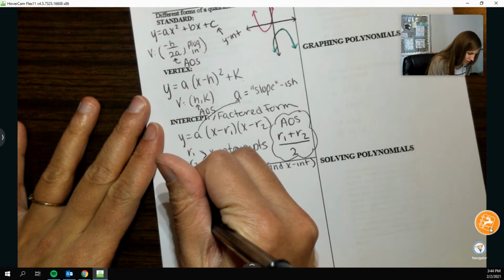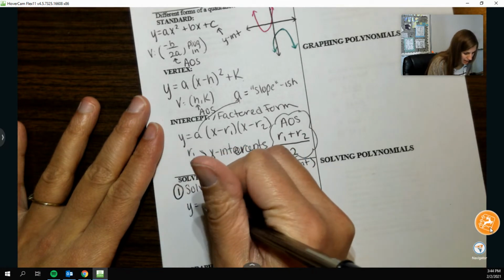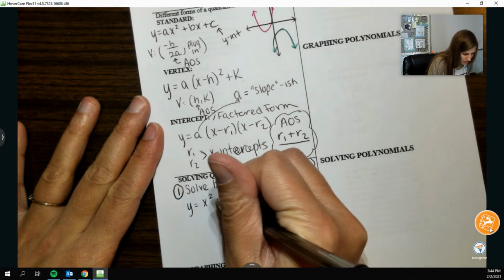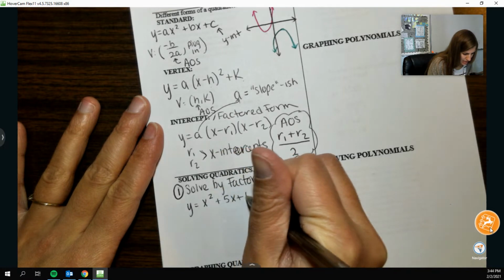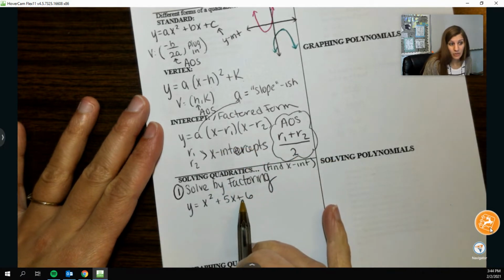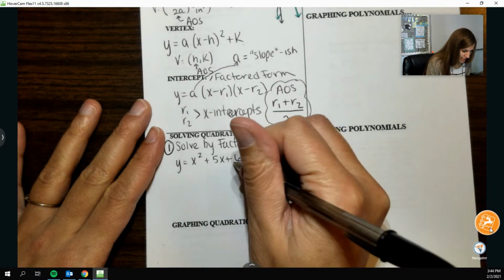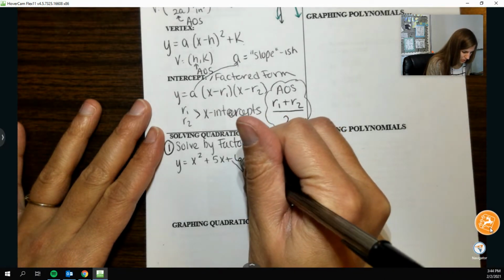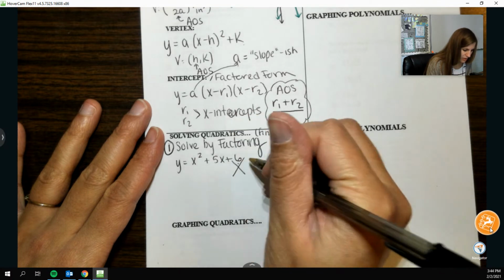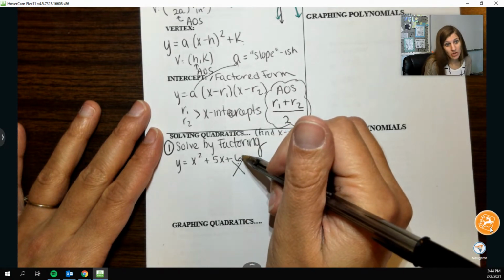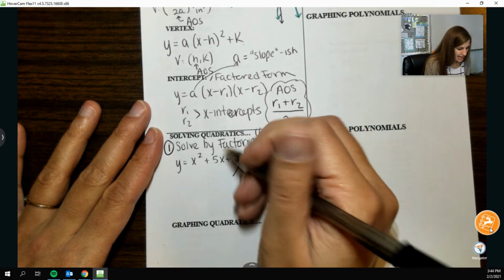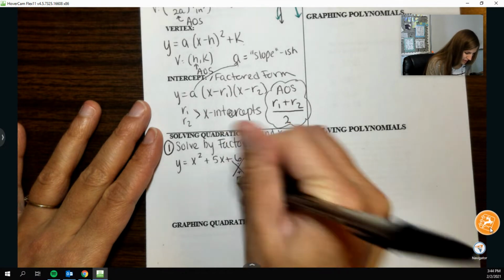So a good example of that really quickly could be something like y equals x squared plus 5x plus 6. This is not in factored form, it's in standard form. And so the way that we factor, I always taught my students, I put a little x and I think about whatever multiplies to the last number and adds to the middle number.